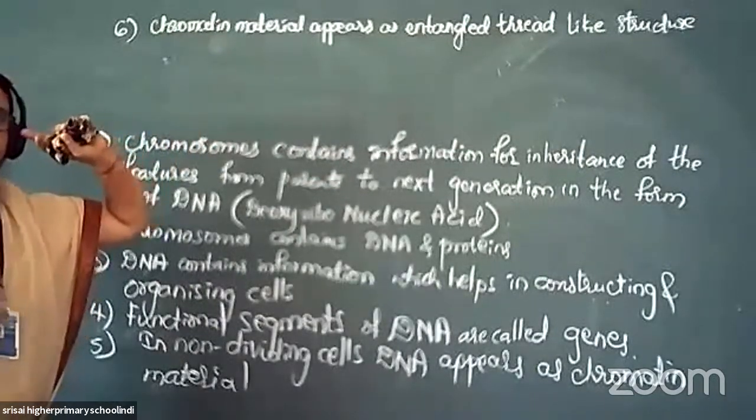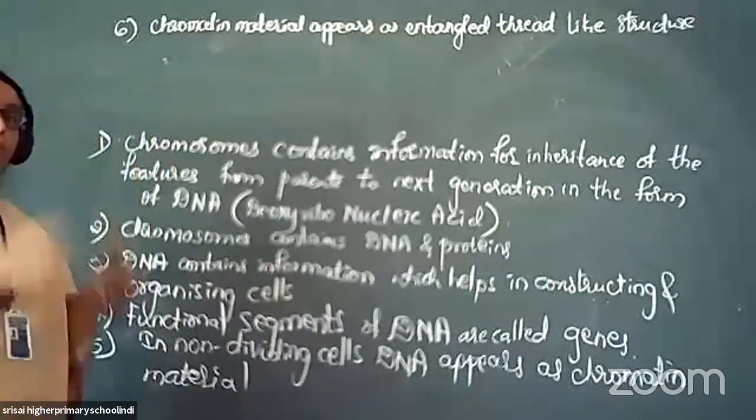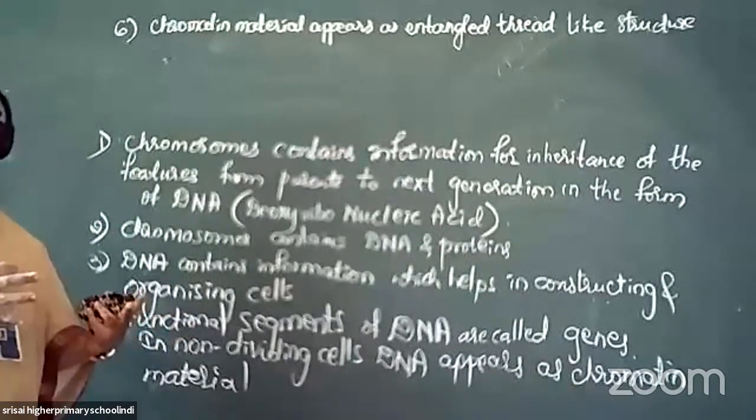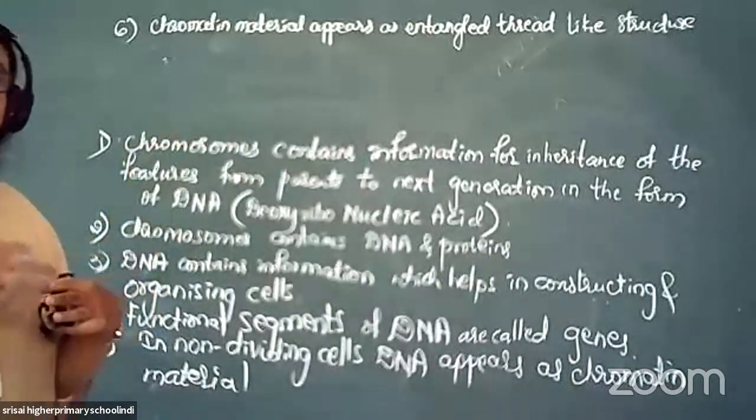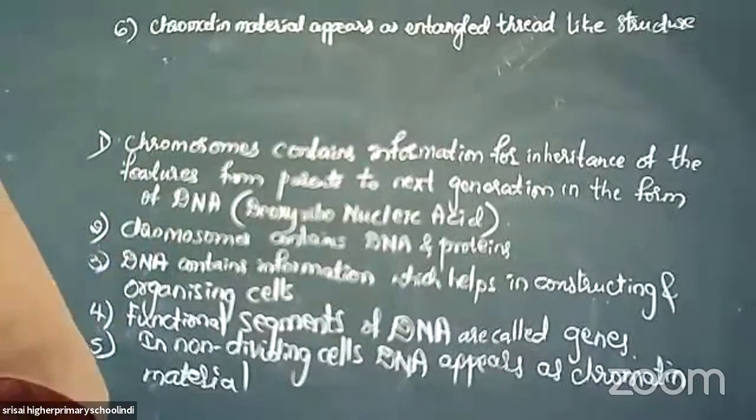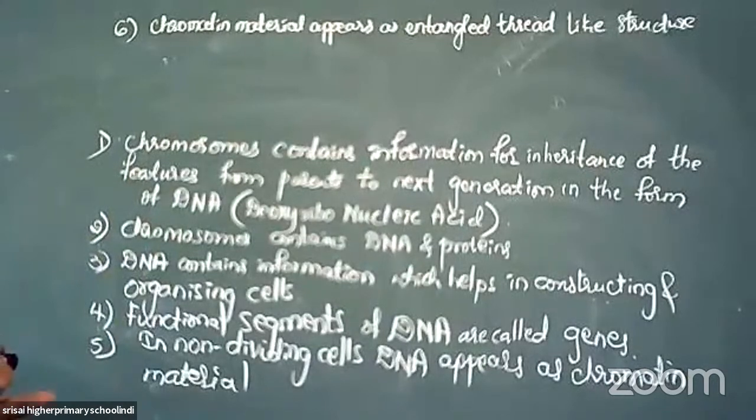But if the cell wants to divide, during cell division those chromatin threads get converted into rod-shaped structures. What are those structures called? Again, chromosomes. Correct? So this is about the functions of the chromosome.